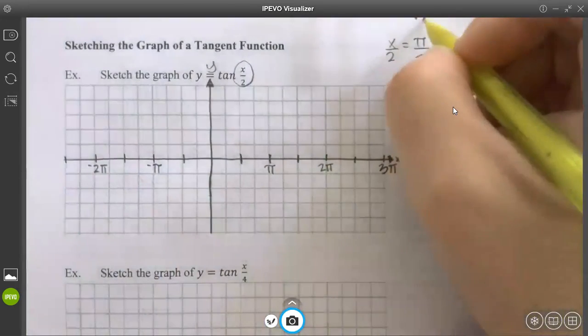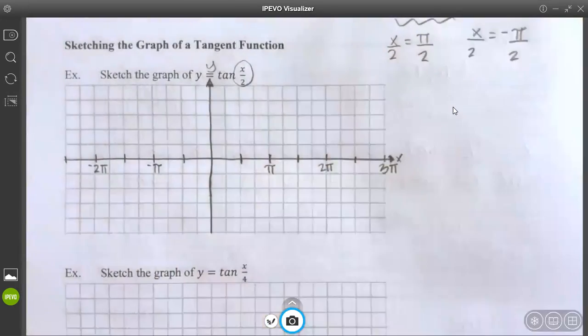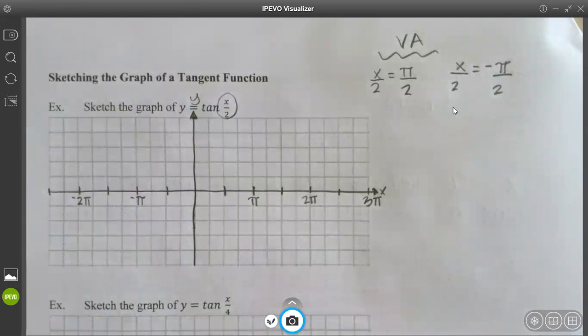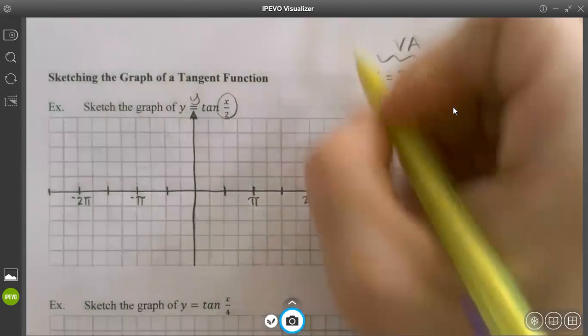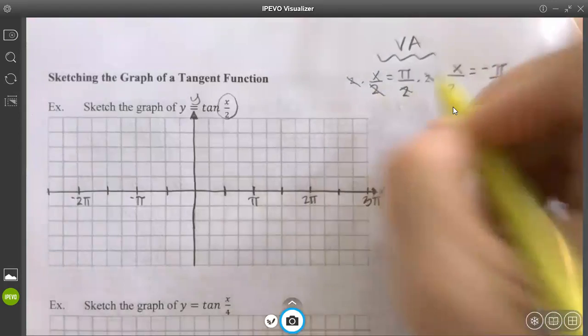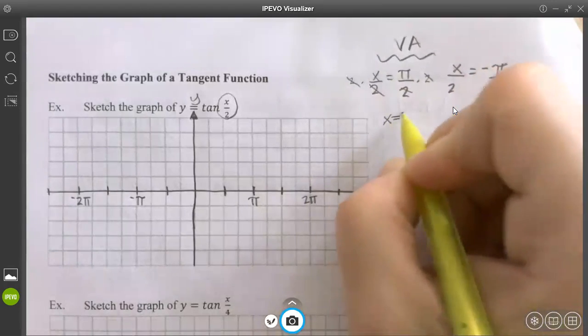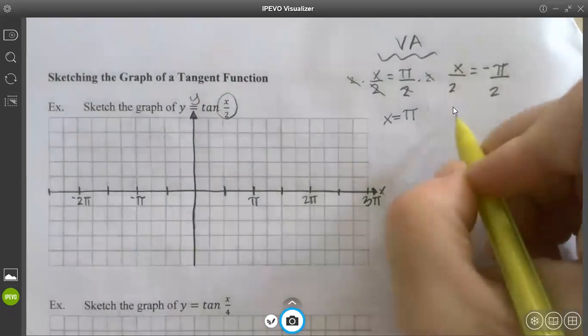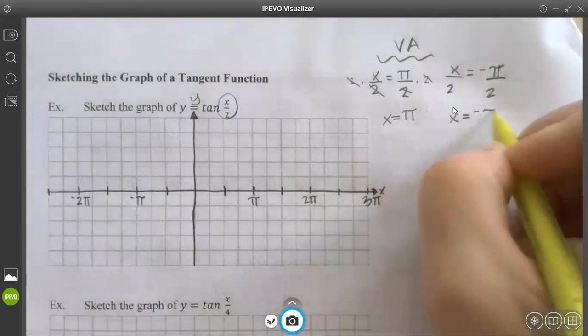So this is for your vertical asymptotes. How do we solve for x? When we multiply by 2, all of our 2's will cancel out. We're left with x equals pi. And on the other one, x is going to equal negative pi.